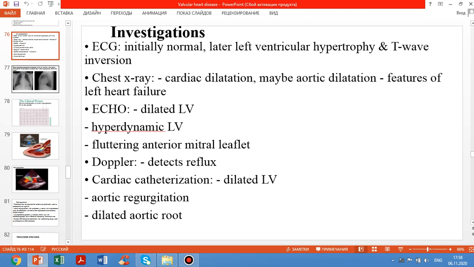Echocardiography: dilated left ventricle, hyperdynamic left ventricle, fluttering anterior mitral leaflet. In Doppler, you can detect reflux. Cardiac catheterization: dilated left ventricle, aortic regurgitation, and dilated aortic root.